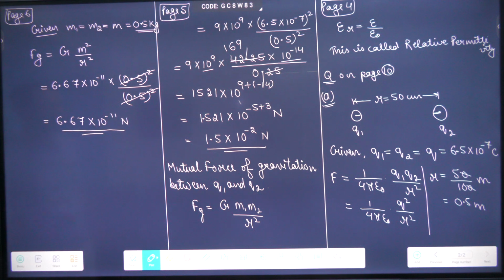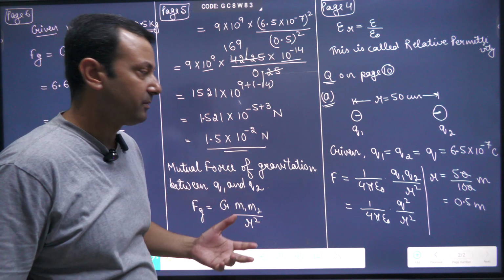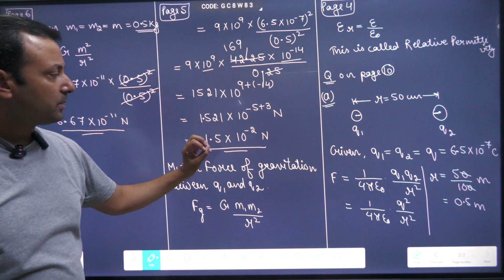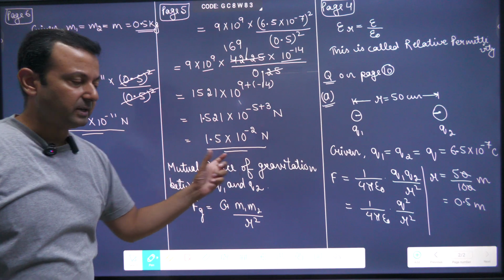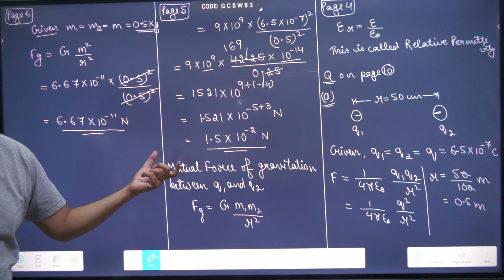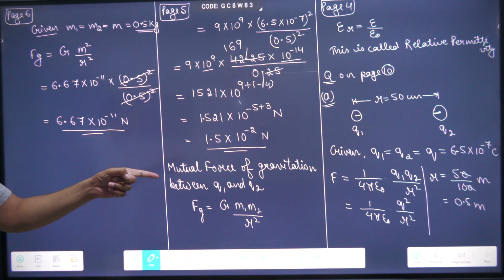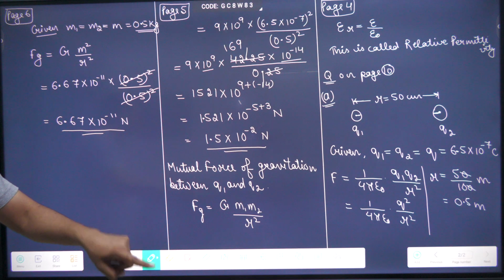Okay. Now it is very much clear that this gravitational force is 6.67 into 10 to the power minus 11, and this is 1.5 into 10 to the power minus 2. Out of 10 to the power minus 2 and 10 to the power minus 11, which term is smaller?